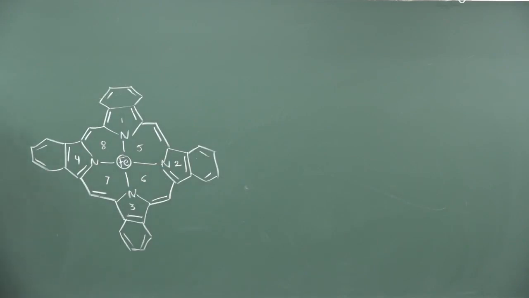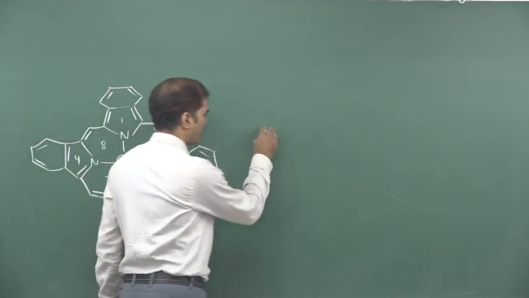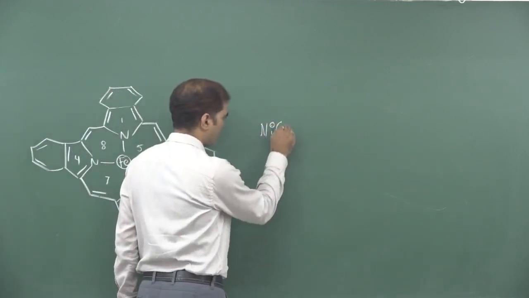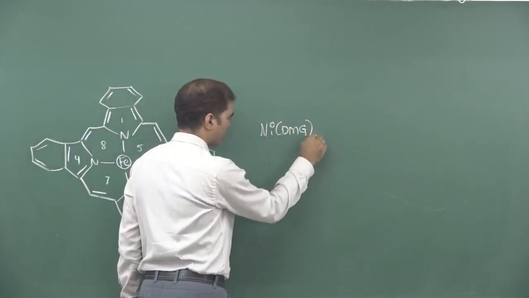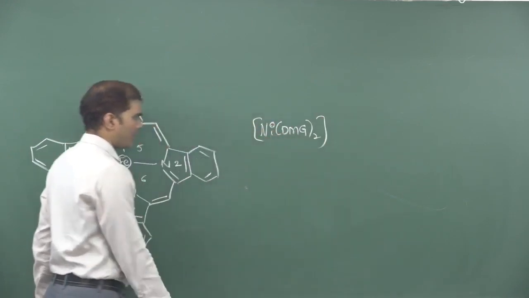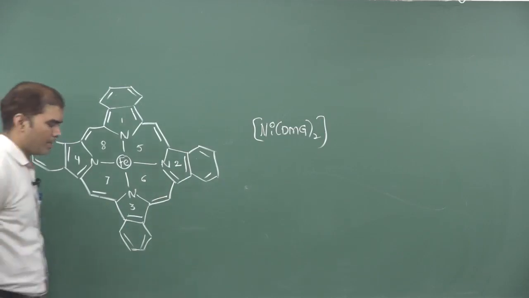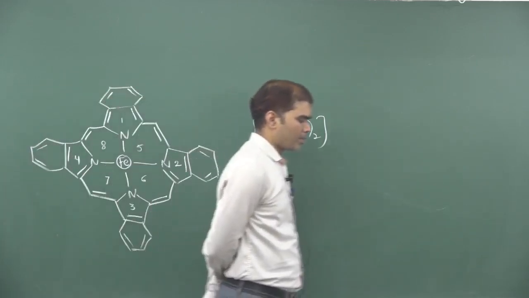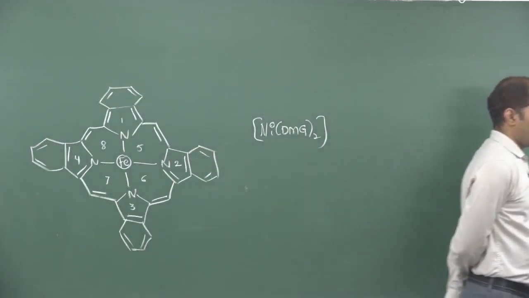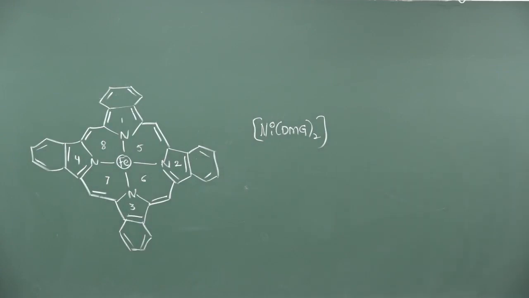Okay, last example. How many chelating rings are present in bis(DMG), meaning dimethylglyoximato, nickel(II) complex? How many rings are present?